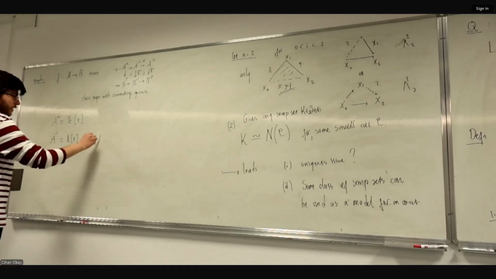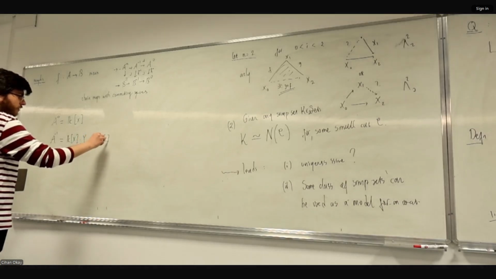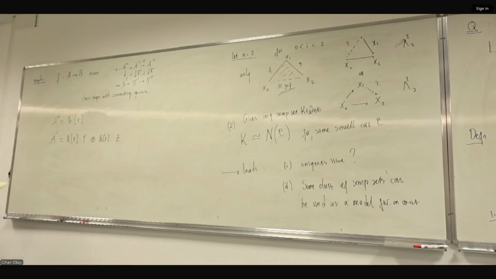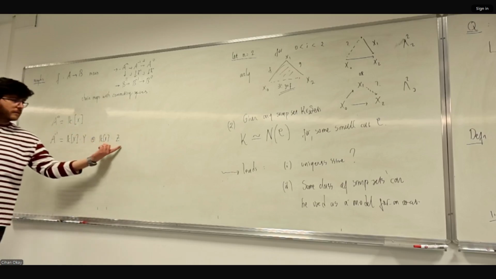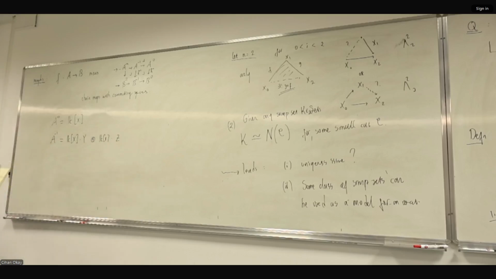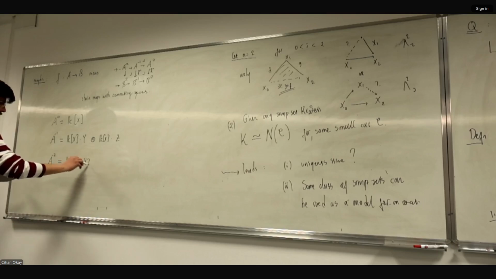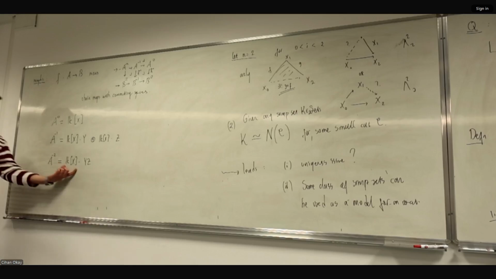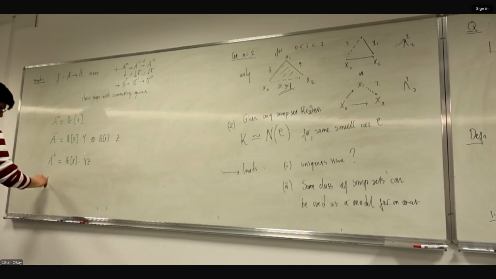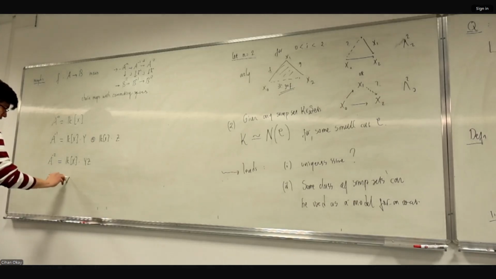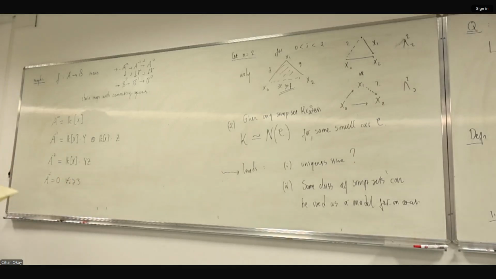Plus you can introduce another variable like this, and take the module generated by it. So this is your A minus 1, and A minus 2 is the module generated by these elements over that. And let's say the rest is just 0.